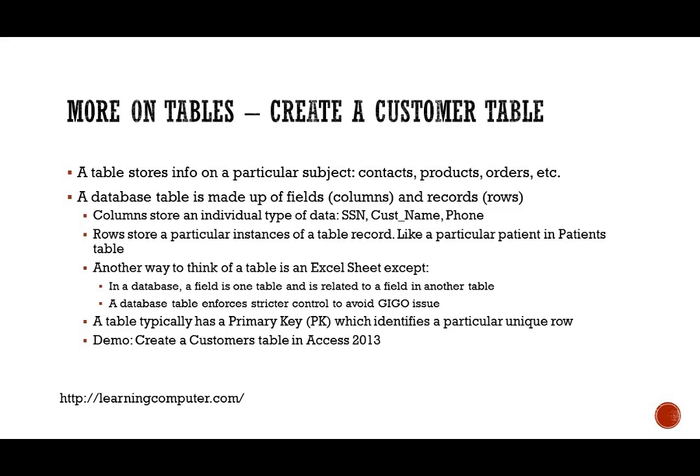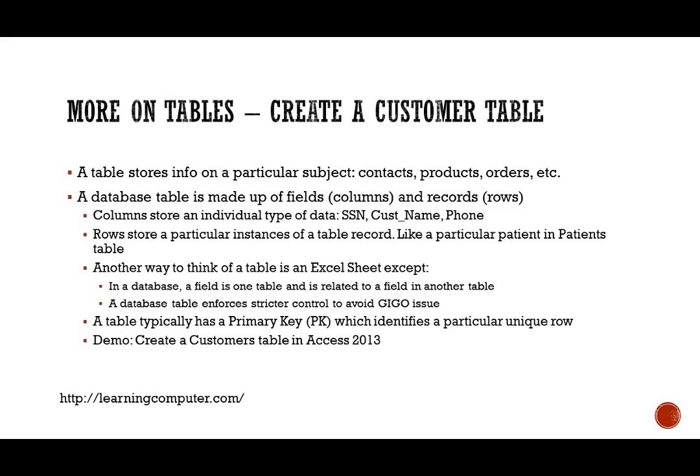Now, rows really store a particular instance of a table record. So let's say you may have a patients table in a hospital database. Well, if you look at one particular row, that has to do with a specific patient. Okay, so they will have their social security number, obviously the name, address, date of birth, and whatnot.